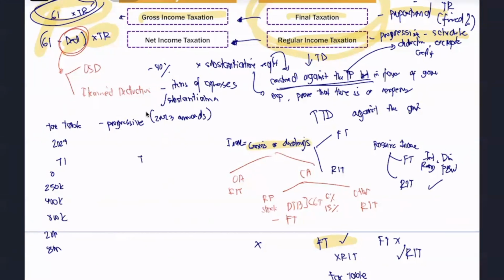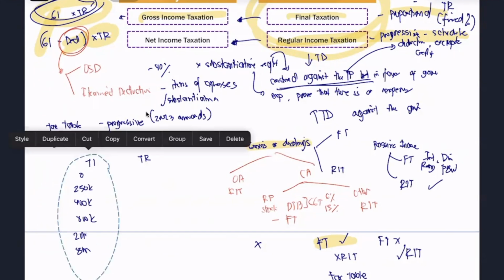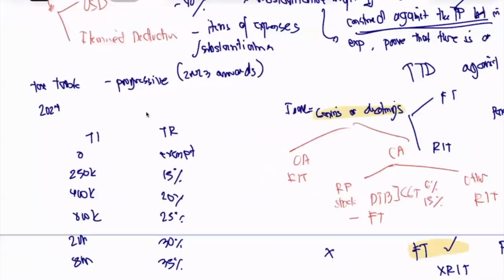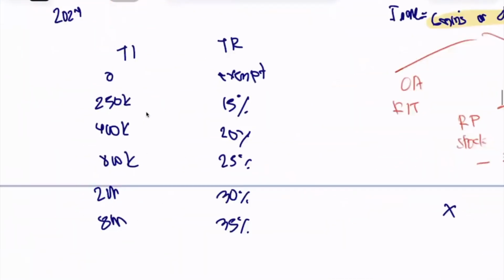Next, you need to determine the tax rate. The tax rate for 0 is exempt. 250, 15, and then increment of 5. So 15, 20, 25, 30, and 35%. Okay, so yan yung ating tax rate.